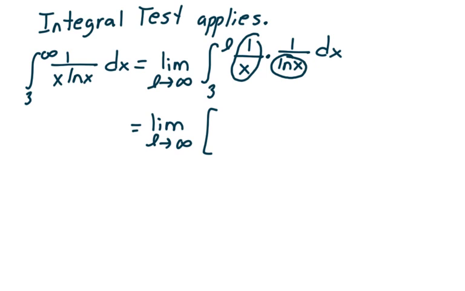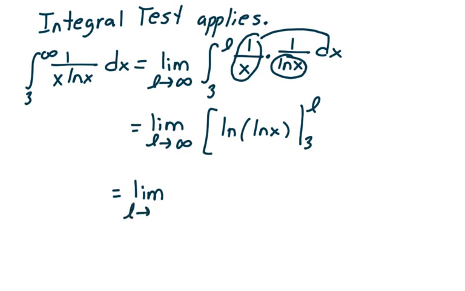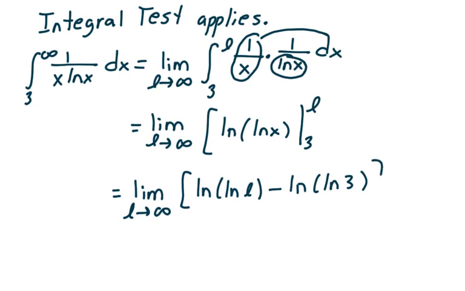My du is 1 over x dx. And so this is natural log of x evaluated from 3 to L. So this is the limit as L goes to infinity of natural log of L minus natural log of 3.